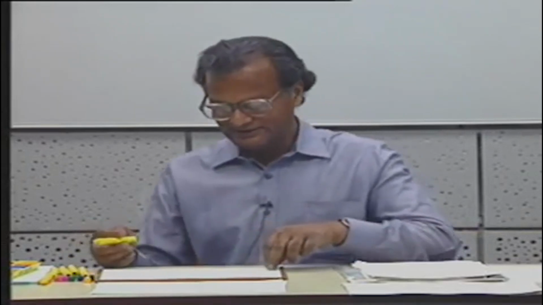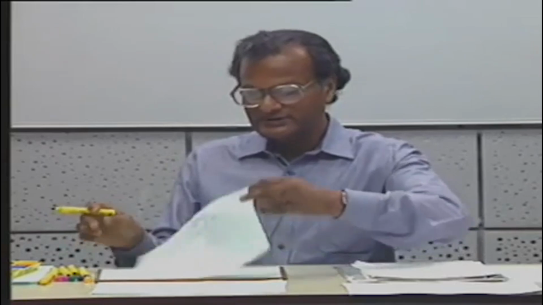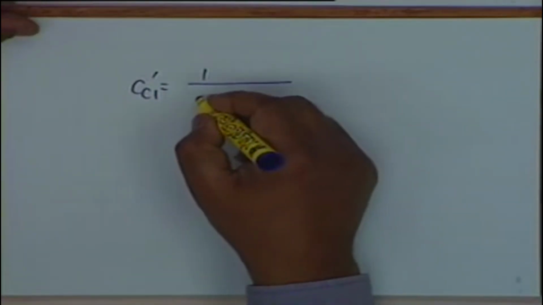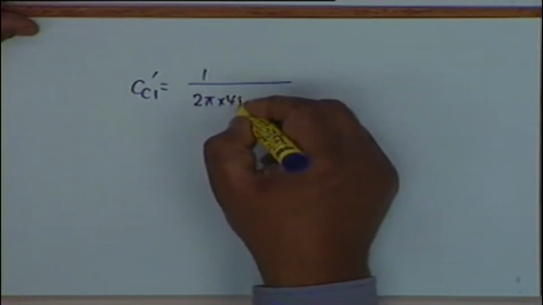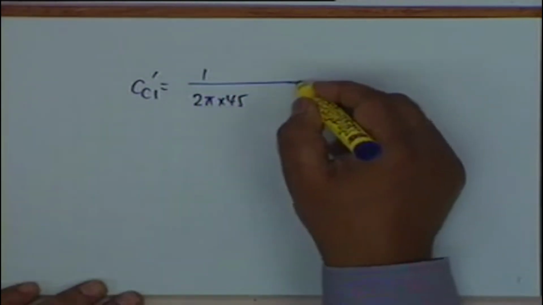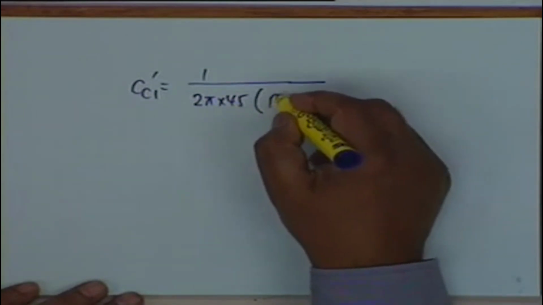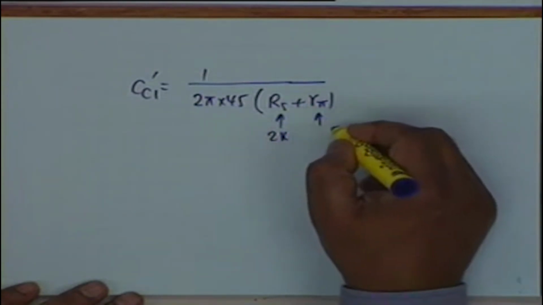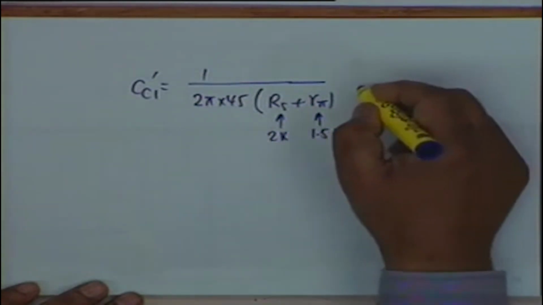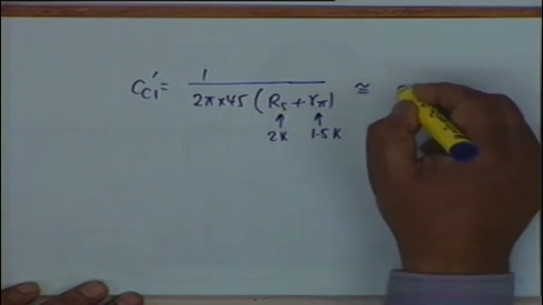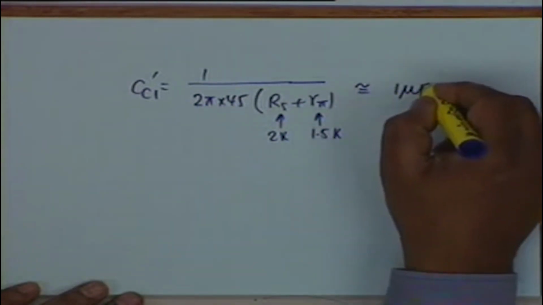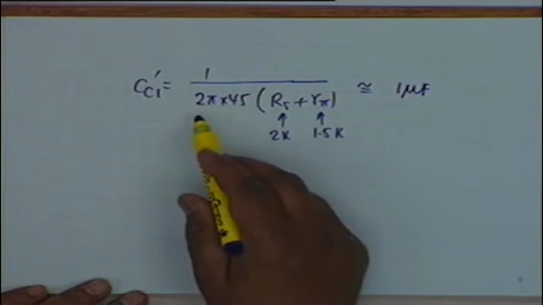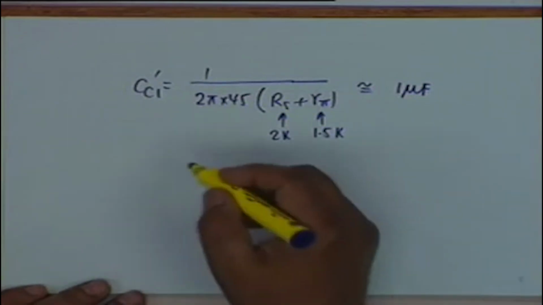For example, here CC1 prime would be 1 over omega L, that is 2 pi times 45, times RS plus R pi, RS is 2K and R pi is 1.5K, and this calculates out to approximately 1 microfarad.